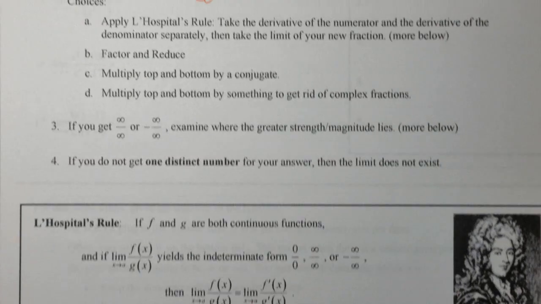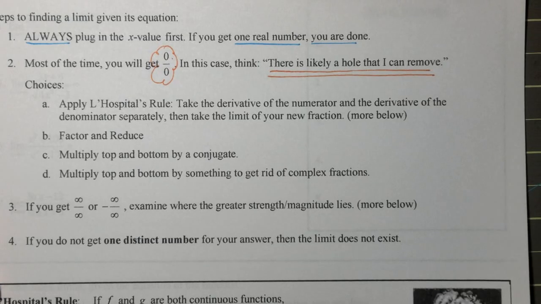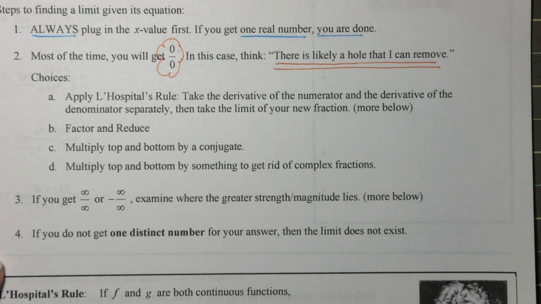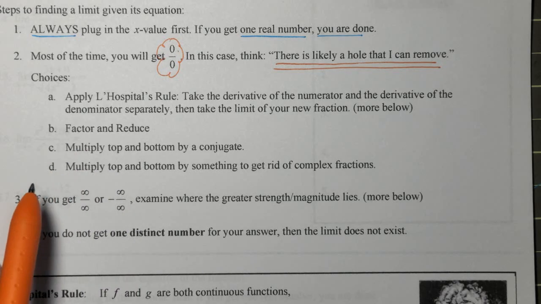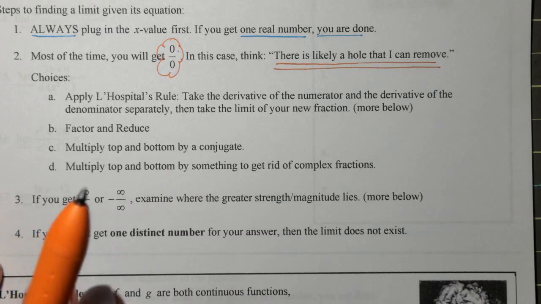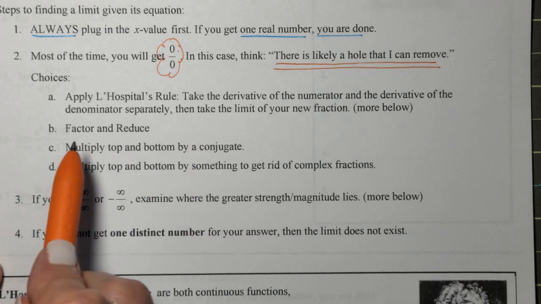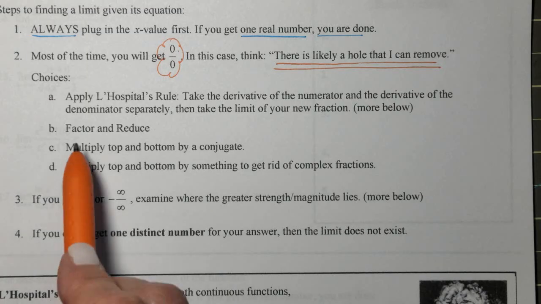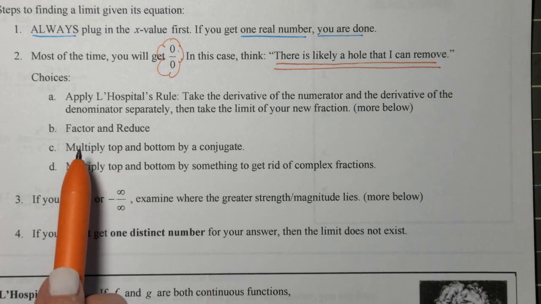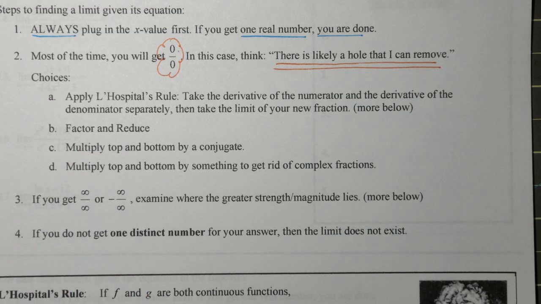That's L'Hopital's rule. It only works for 0 over 0 or infinity over infinity. If you do not have 0 over 0 or infinity over infinity, then you cannot use L'Hopital's rule, okay? But you can always, in any limit, factor and reduce. You can always multiply top and bottom by the same thing, okay?